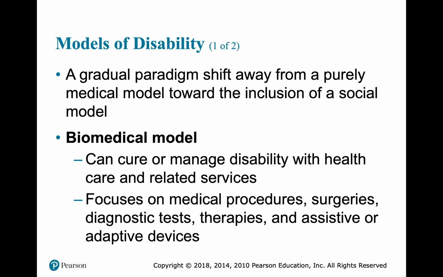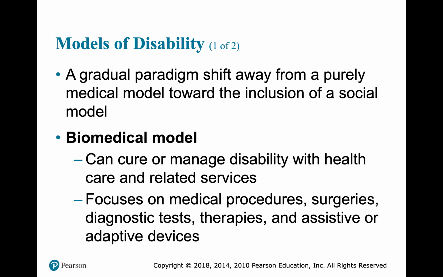So there are 4 broad models of disability. The first one is biomedical, then functional, environmental, and sociopolitical, or it's also called social sometimes. So there's been a gradual shift away from the medical model and towards more of a social model. And we've seen this in the field of psychology in general.